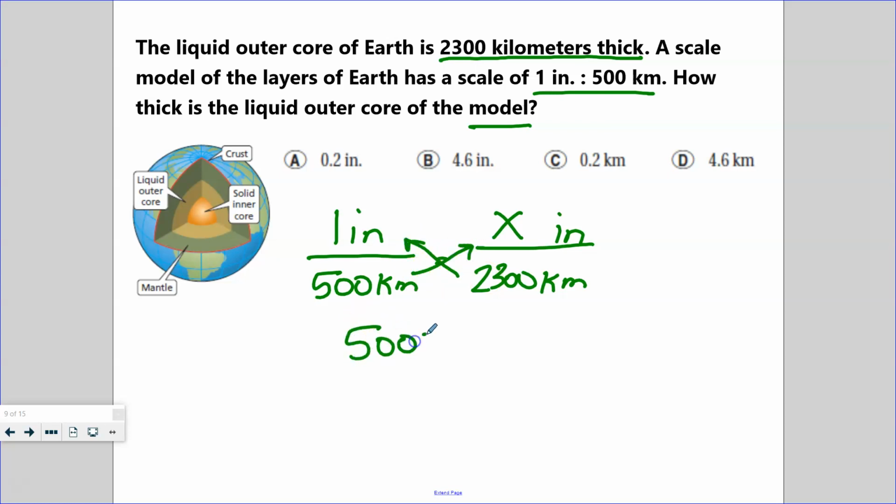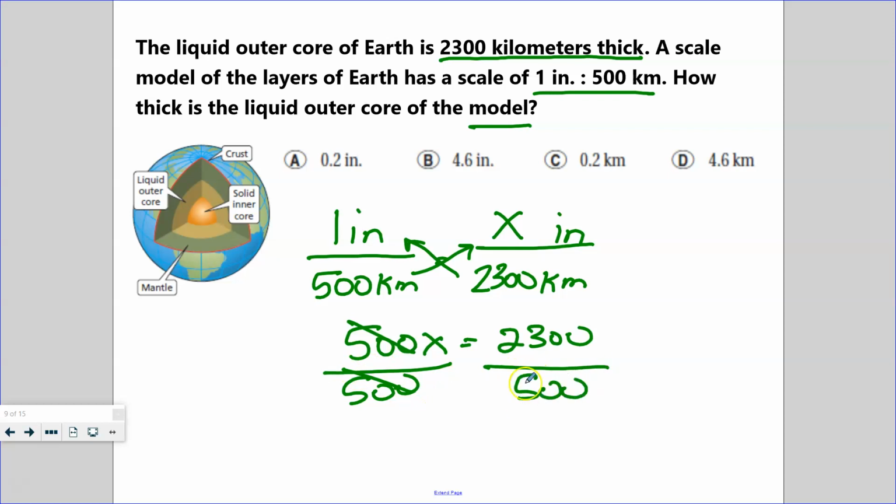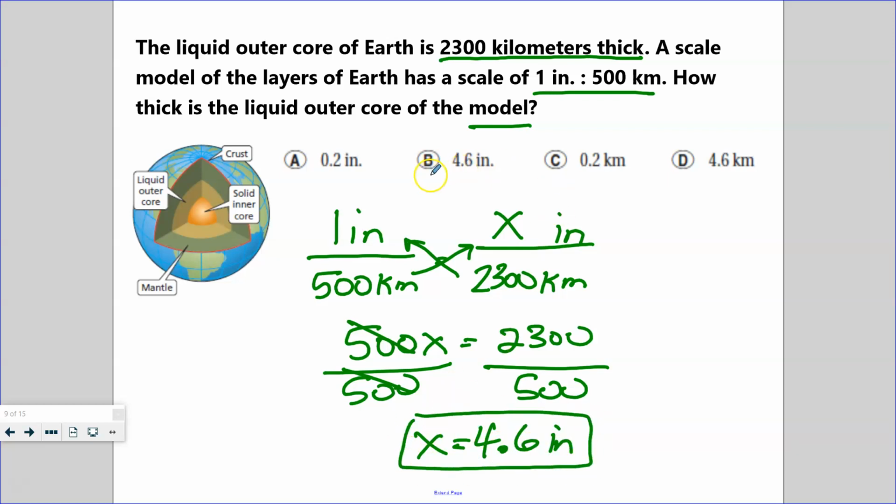So we have 500x equals 2,300, divide by 500, divide by 500, and x equals 4 6/10 inch, right? And we see that that is going to be answer B.